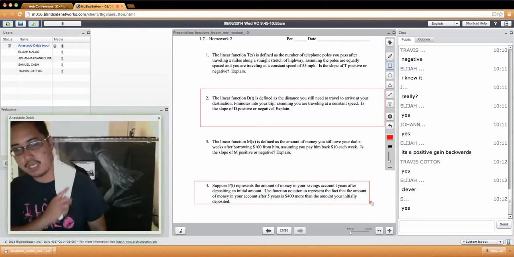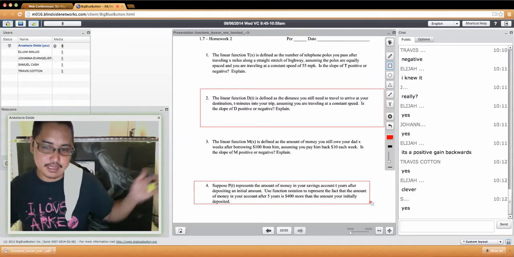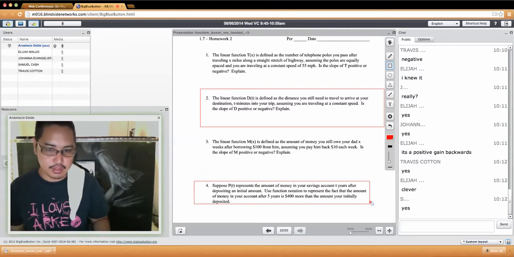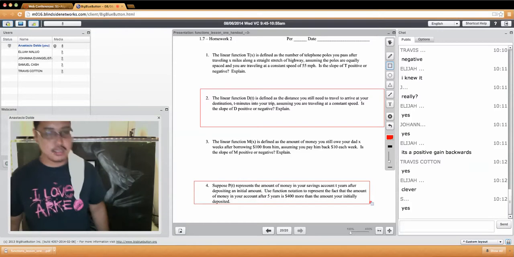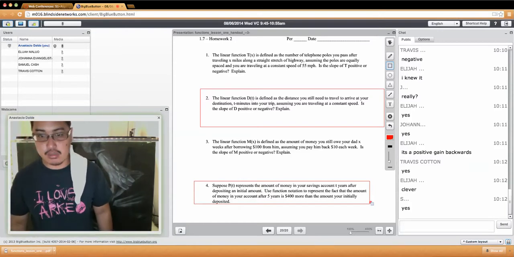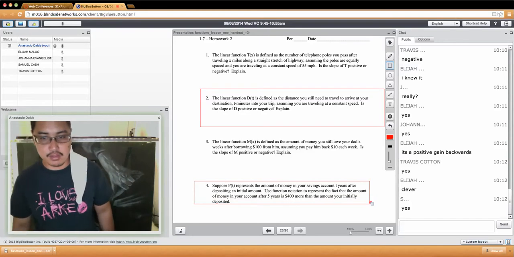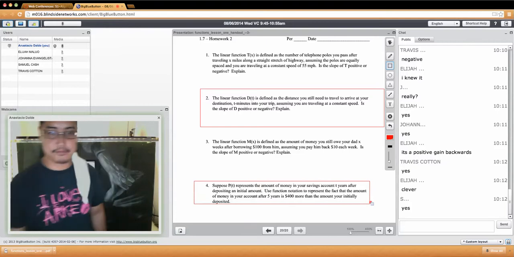So your P probably represents the word profit. Your T represents time, measured in years. I'm assuming this is probably a bank account that acquires interest. Use the function notation to represent the fact that the amount of money in your account after 5 years is $400 more than your initial deposit. Okay.